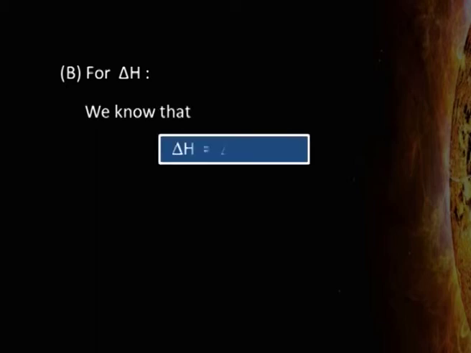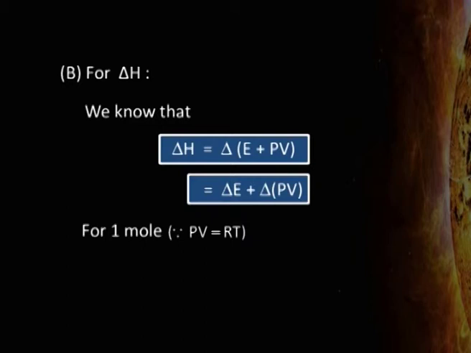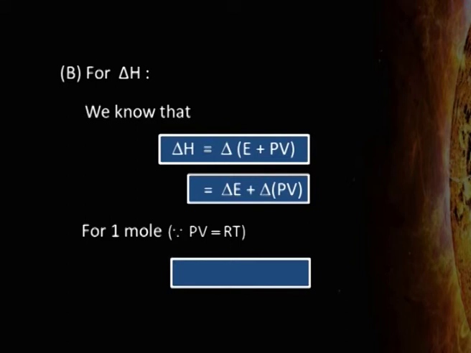For delta H, we know that H is equal to E plus PV. Hence, delta H will be equal to delta E plus delta PV. For 1 mole of the gas, PV is equal to RT. So, putting the value of PV equal to RT, we will get delta H equal to delta E plus delta RT.